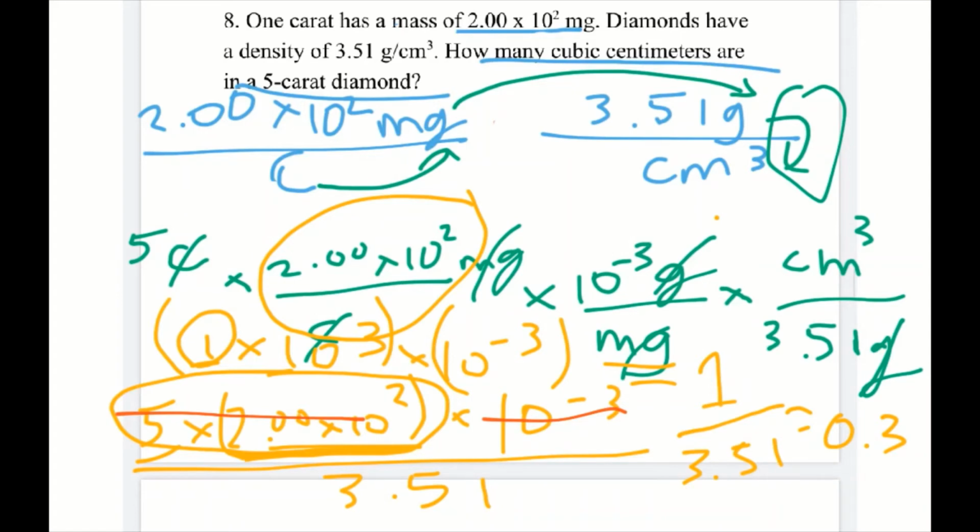So we have 0.3, and we need to put units on it. Our units just come from here because this is the only unit that didn't get canceled out. So our final answer is just 0.3 cubic centimeters. That wasn't so bad. Let's go on to the next question.